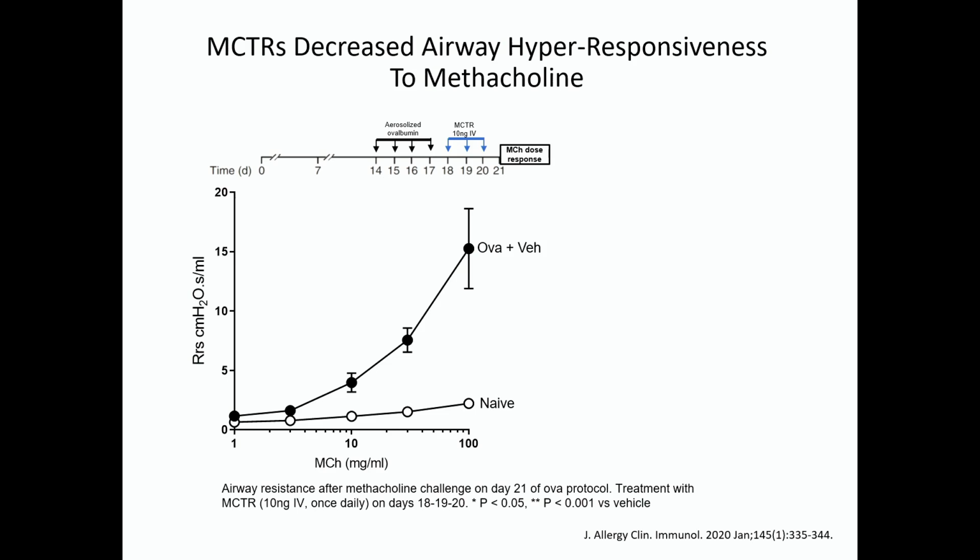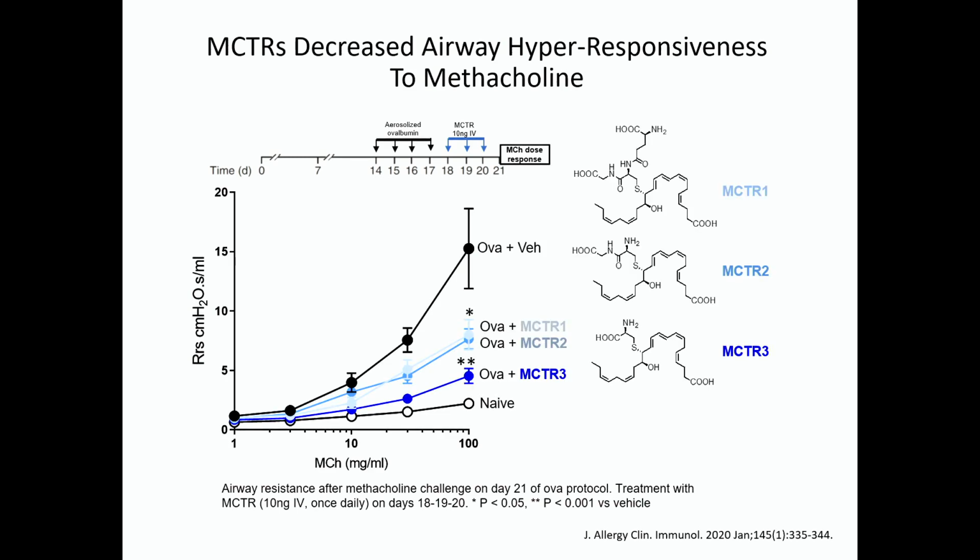Here's the airway hyperresponsiveness to methacholine dose response in naive animals, no sensitization and challenge. Here's the fully engaged animals with allergen sensitization and challenge. And you can see that the respiratory resistance, by the flexiVent, shows that the MCTRs, when given in vivo after development of the AHR, accelerate its resolution, again with MCTR3 being the most active molecule in this case.